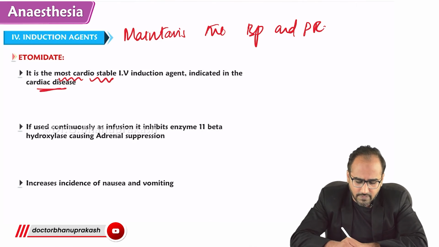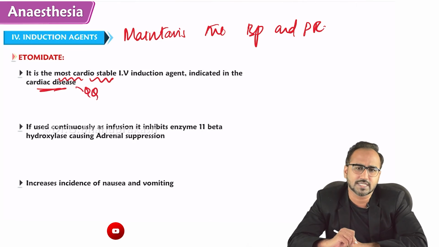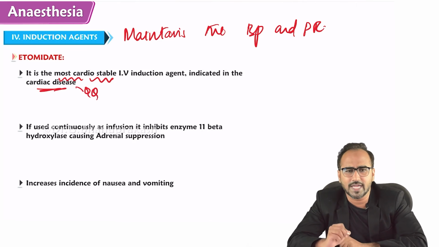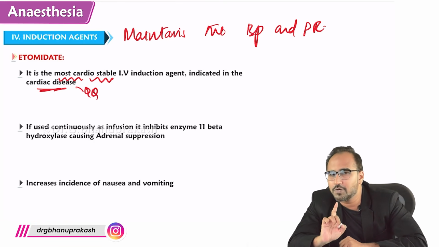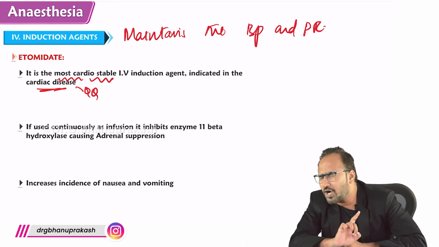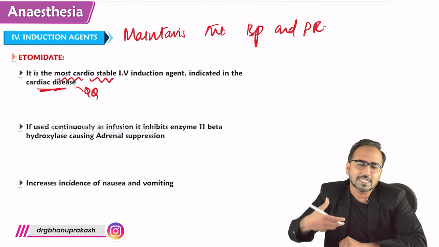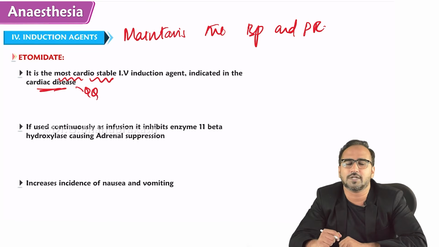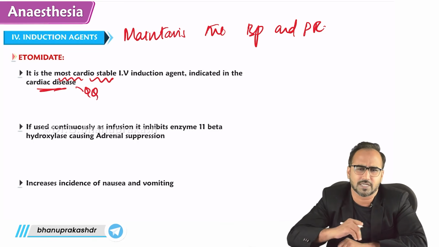Hence, it is indicated for any cardiac diseases. But Etomidate has one good point, guys. The rest are all bad points of Etomidate. Starting with this: as you give Etomidate to make the patient unconscious, the patient will have pain during injection.